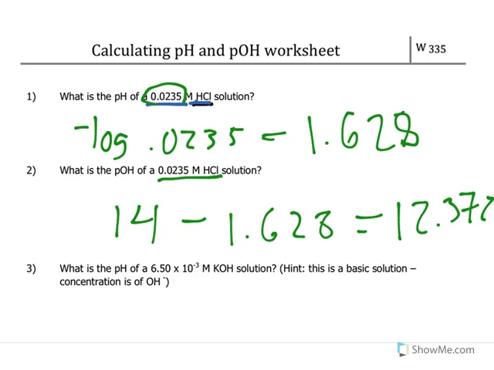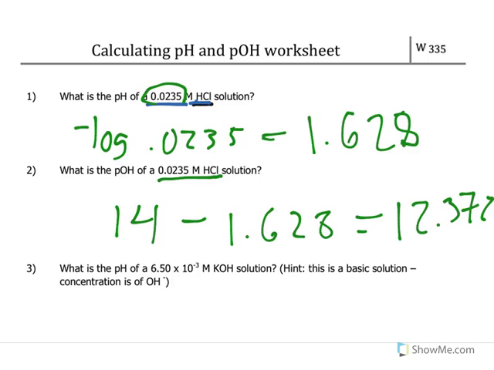We just had the H plus concentration. And so we solve for the pH just like normal using the H plus concentration. And then anytime we want to convert from pH to pOH, we just do 14 minus whatever the pH is. And that's also from the chart I showed you in the previous one. I'm actually going to upload a file that'll have all those different formulas on it. That might help you with the assignment.